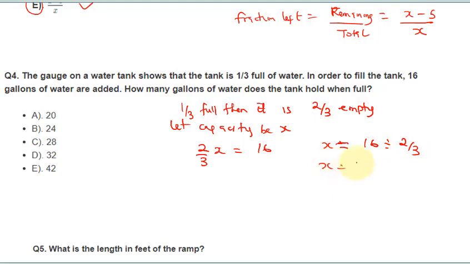Therefore X is going to be 16 multiplied by 3/2. 2 here, it's 1, 2 here, it's going to give us 8, and X will be 3 times 8, and that's going to give us 24. So when it's filled up, it's going to be 24, and 24 is the correct answer.